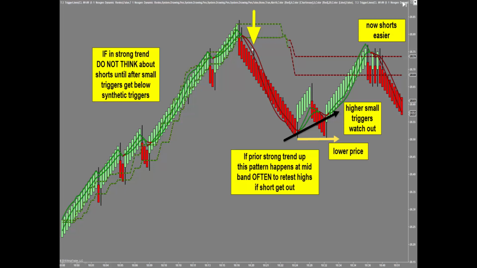So if for some reason you're in this short position and you see this trigger line configuration, that'll be an exit for you, and look for shorts from higher areas.